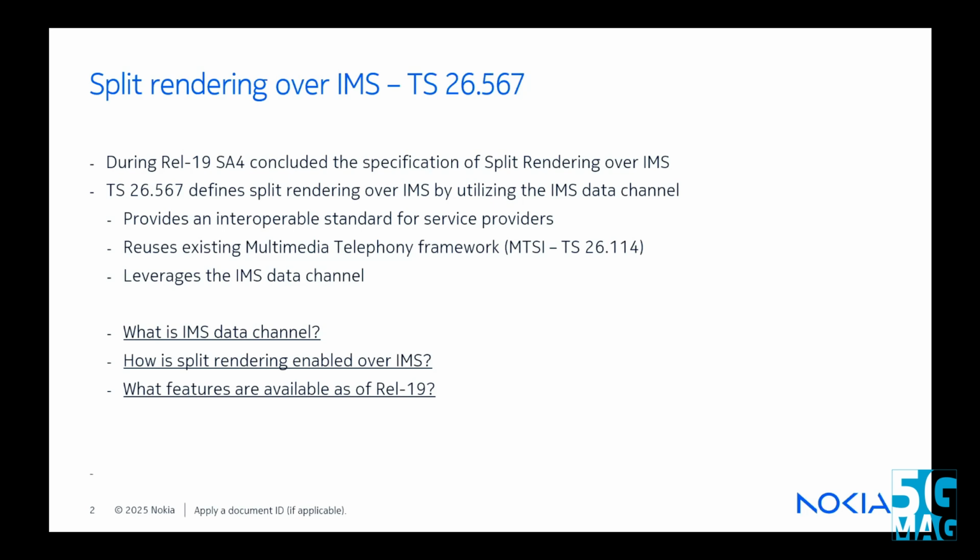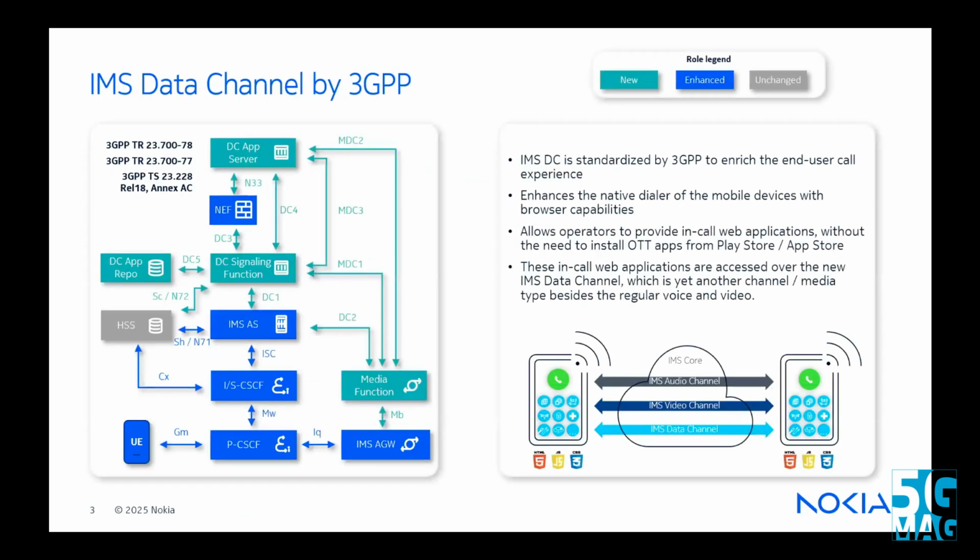So yeah, this is the IMS data channel, a diagram that maybe looks a little bit more complicated than it needs to be at first. The IMS is the IP multimedia subsystem, which is used, for instance, for the call apps that we have on phones.